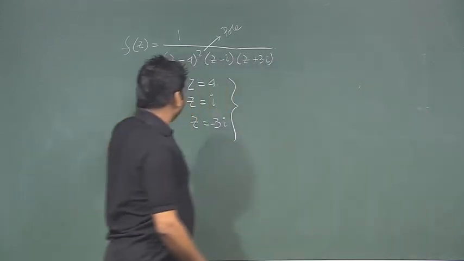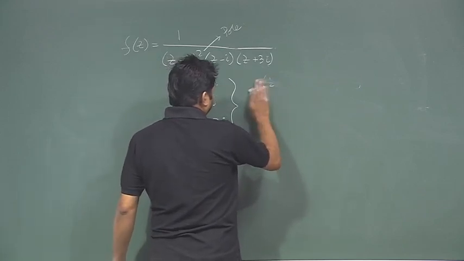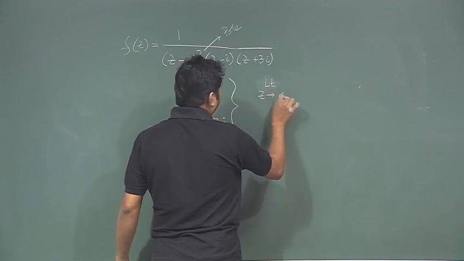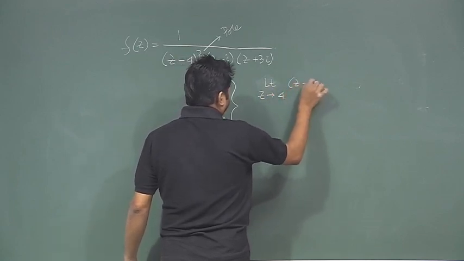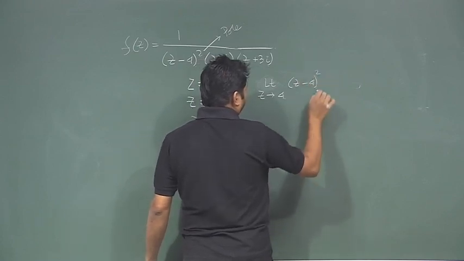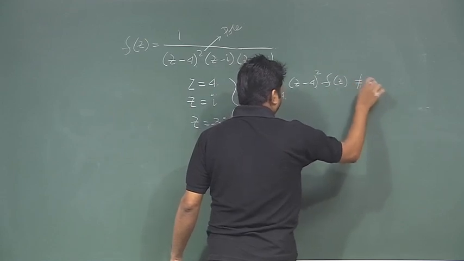If I now apply this in this particular problem, then I need to apply limit z tends to 4, (z minus 4) square f(z), which is not equal to 0.